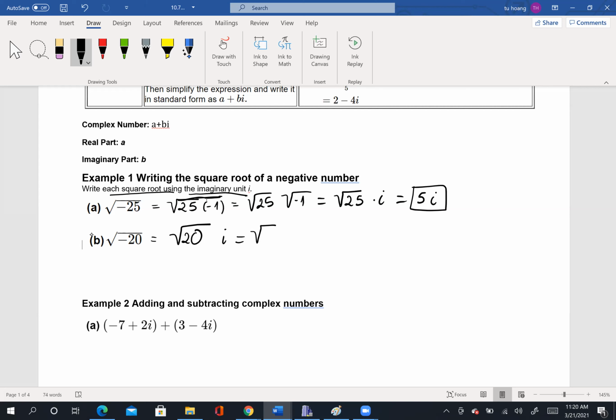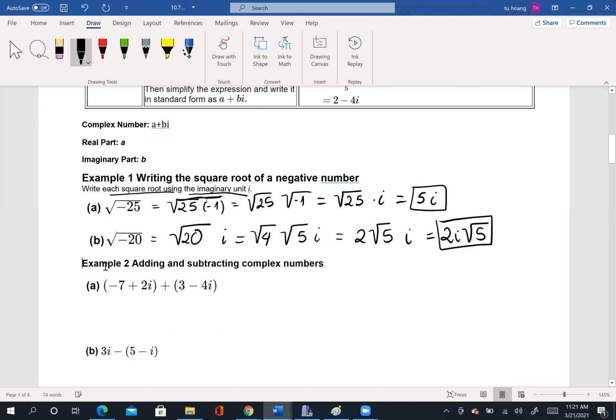So I rewrite it as the square root of 4 times the square root of 5 times i. The square root of 4 is equal to 2, so it is 2 times the square root of 5 times i. And if I want to make it nicer, I can rewrite it as 2i times the square root of 5. So that's going to be the answer of B.